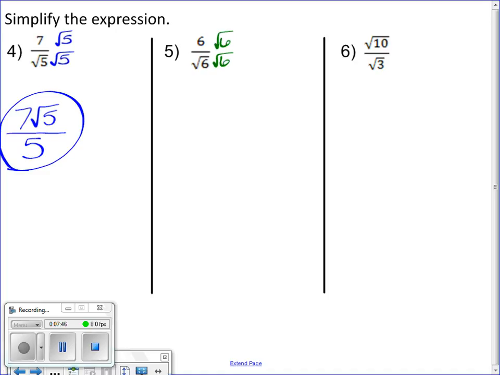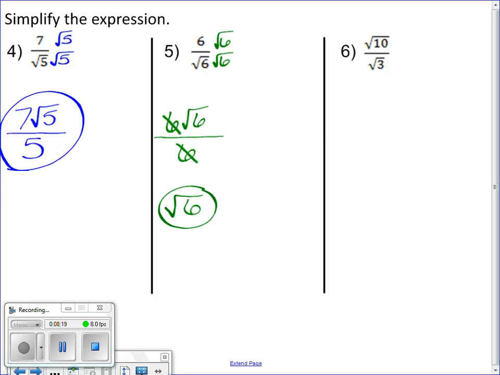So on the top, what's 6 times radical 6? 6 radical 6. Yeah. What's radical 6 times radical 6? 6. Can you simplify? 6 over 6 is really just 1. So 1 radical 6, which is just radical 6. So just be aware. Sometimes as you get going, you have to simplify the top and bottom together.